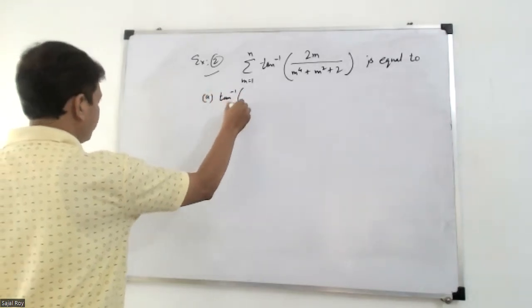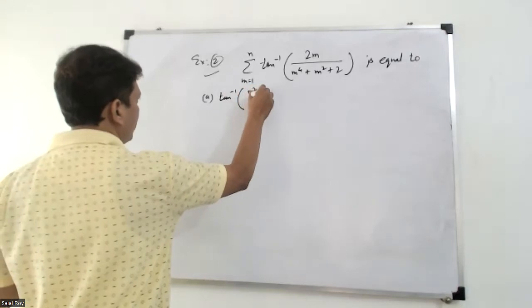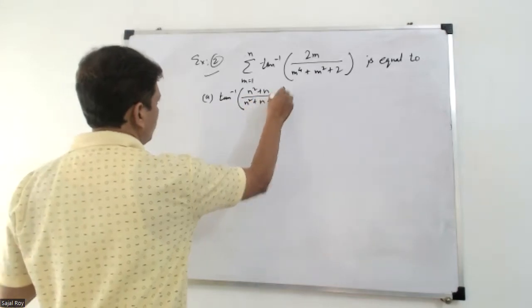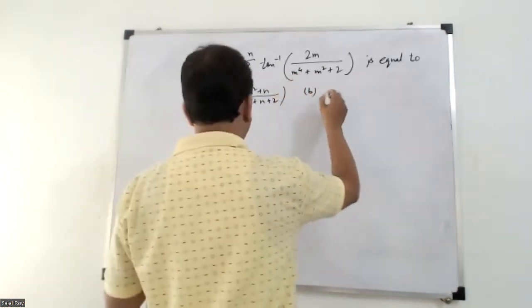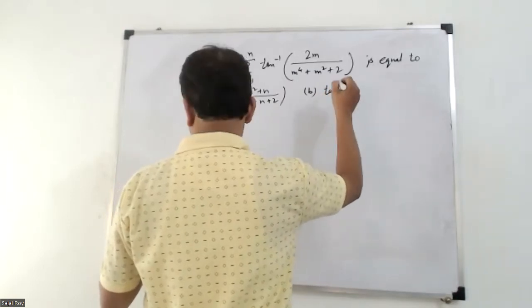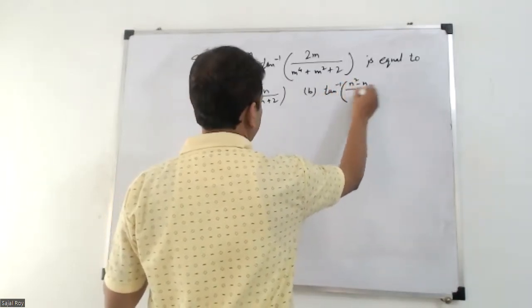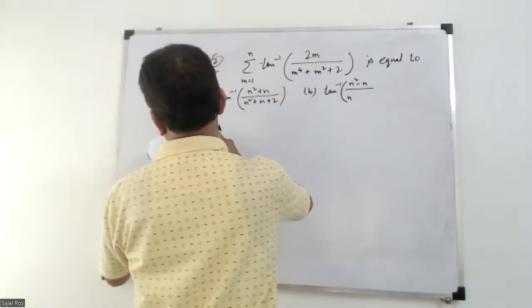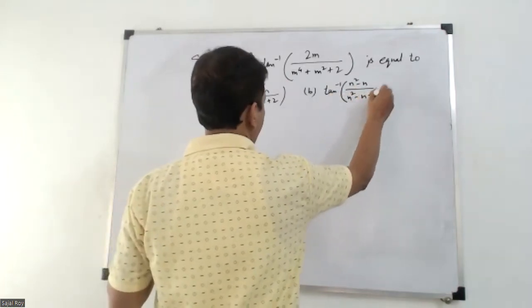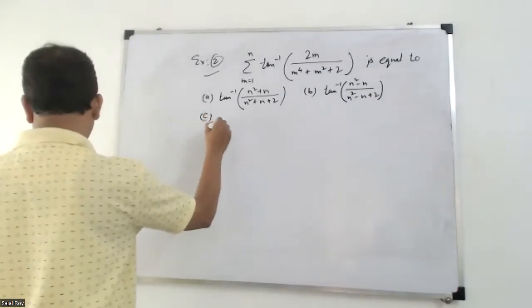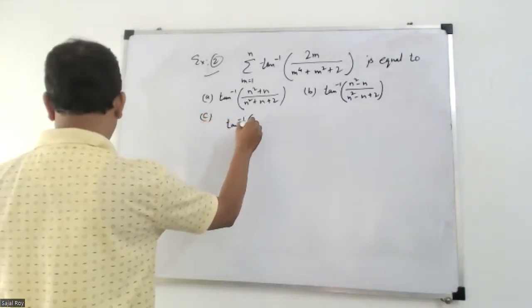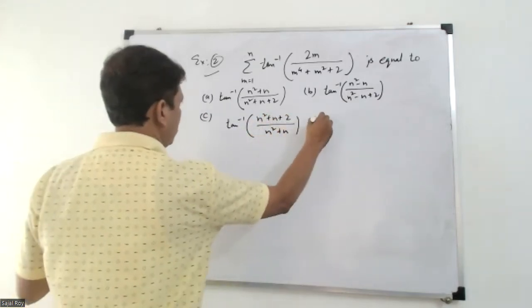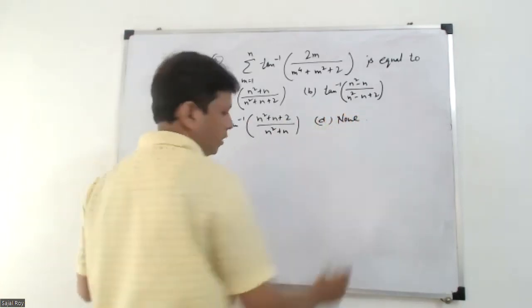Option A, tan inverse n square plus n over n square plus n plus 2. Option B, tan inverse n square minus n over... and C, and D, none of these.